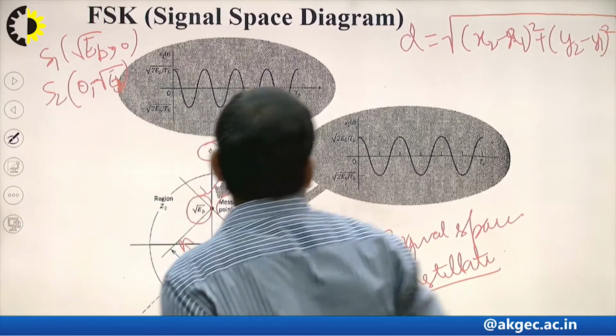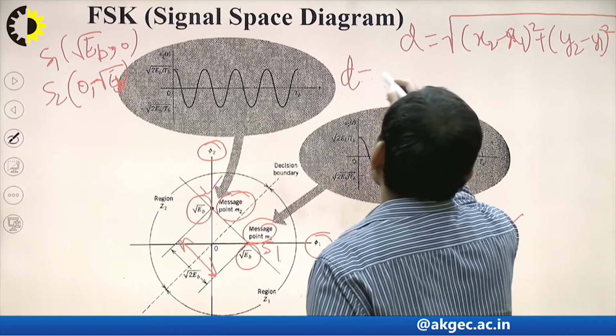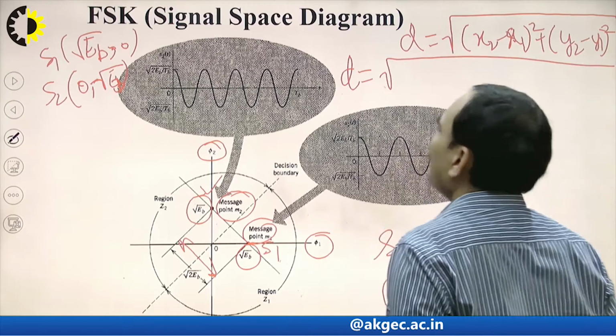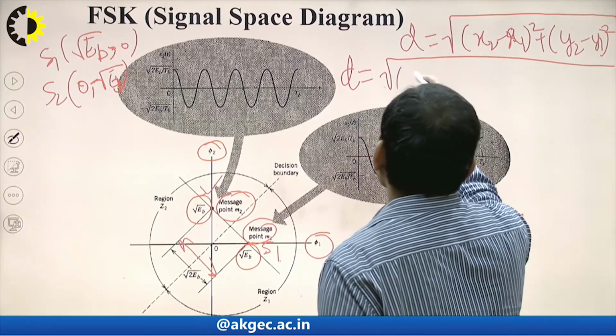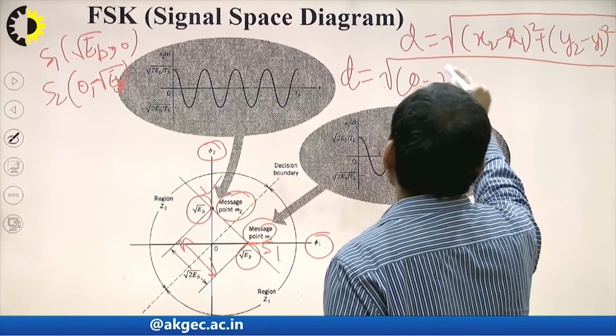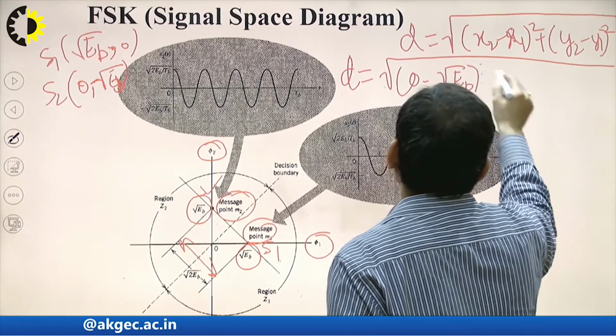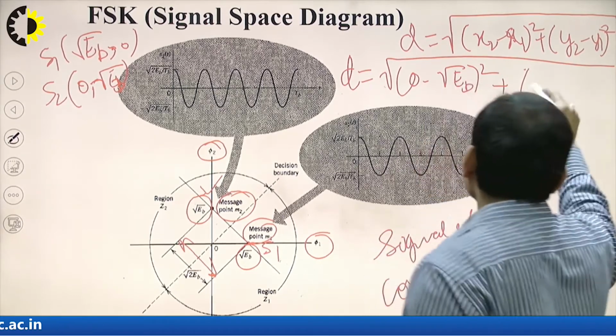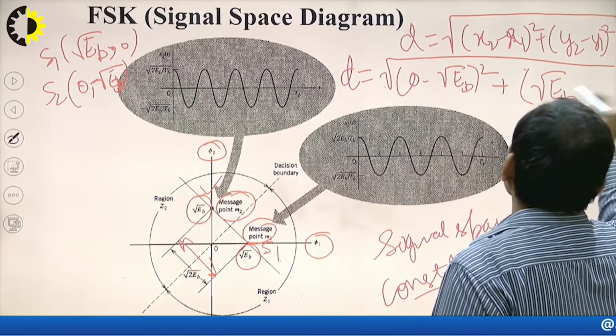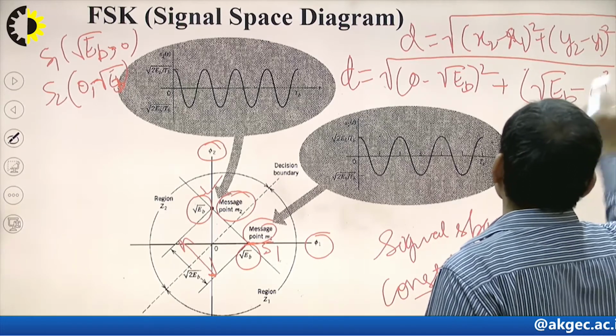So the distance will be under root of 0 minus root Eb whole square plus root Eb minus 0 whole square.